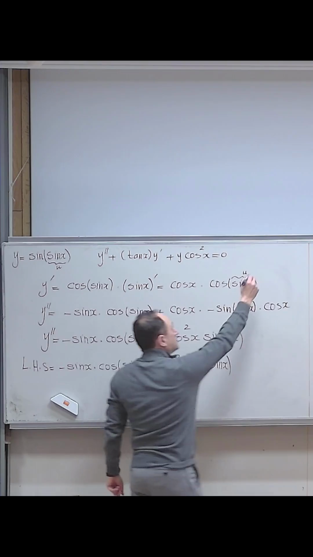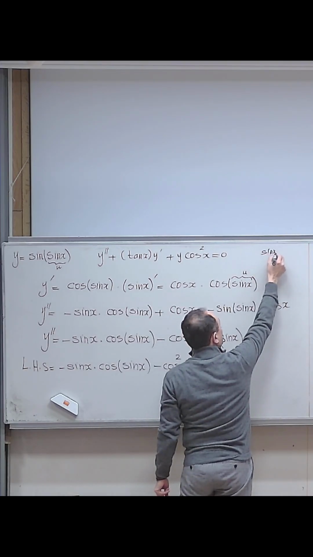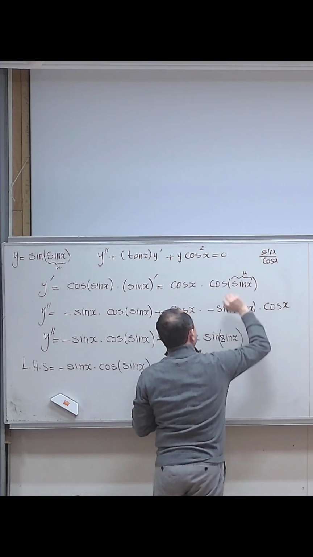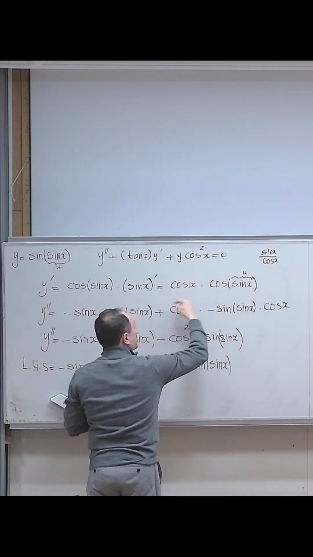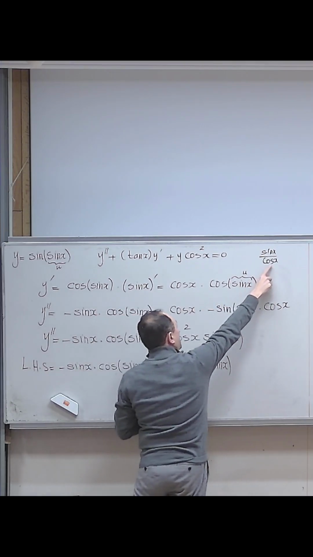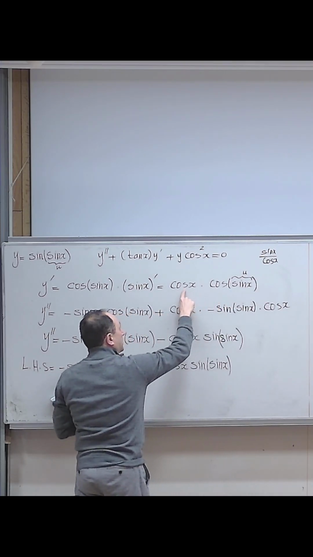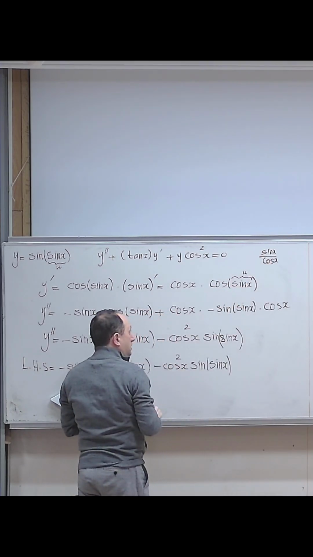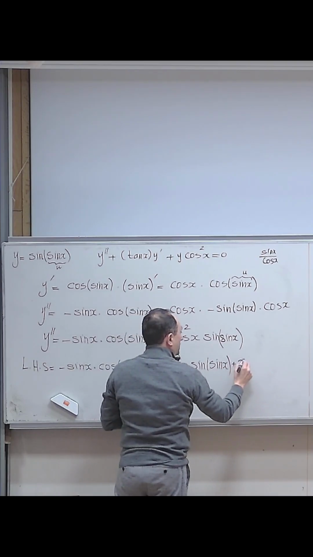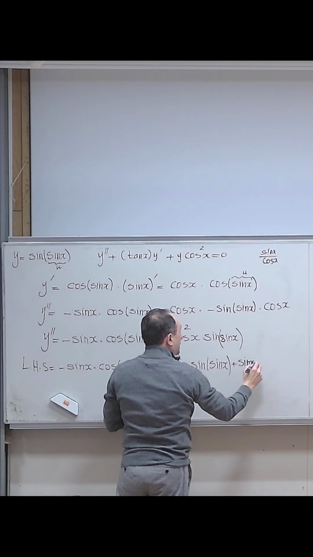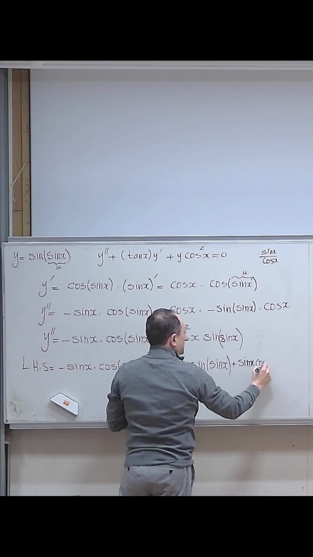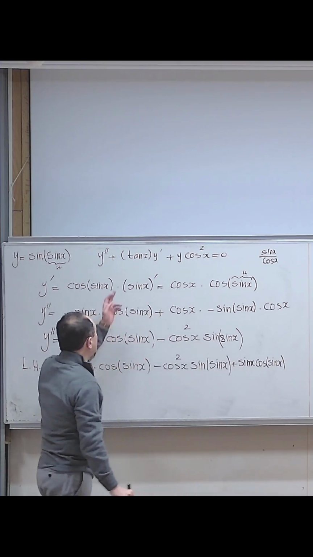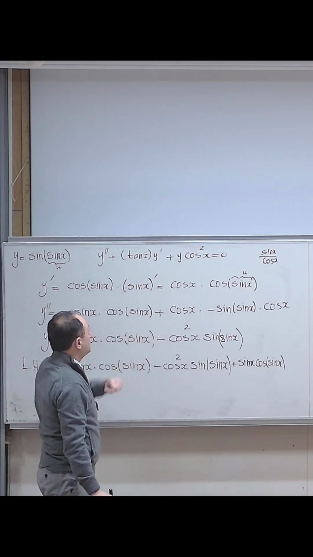The tangent, you know, is sine over cosine. So I have to multiply tangent by the first derivative. This cosine in the denominator will cancel this cosine. Sine x is left, multiplied by cosine of sine x. So it becomes sine x multiplied by cosine of sine x. Yes, so this is tangent x times y prime.